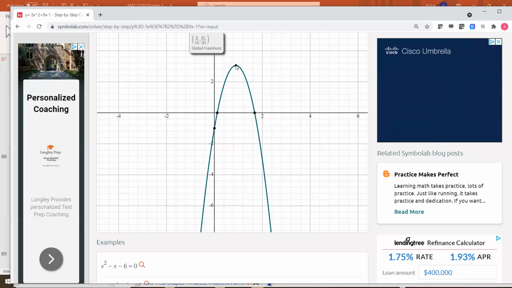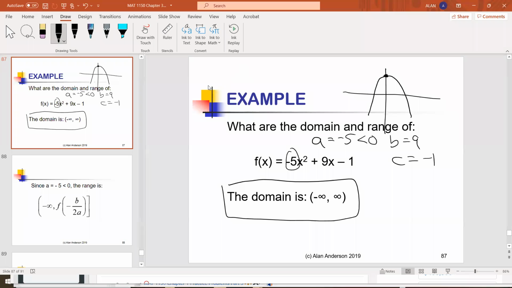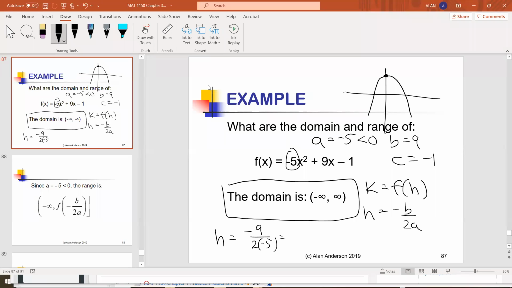But keep in mind, this 61/20 is k from the vertex. Remember, the vertex is (h, k), and this is just k. And remember how k was calculated: k is f of h, where h is negative b over 2a, which in this case is 9/10.